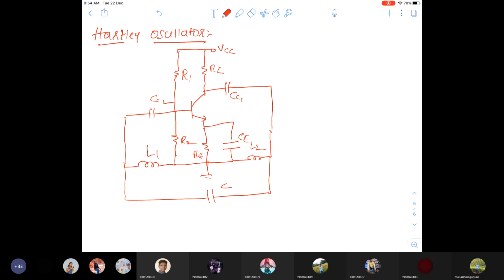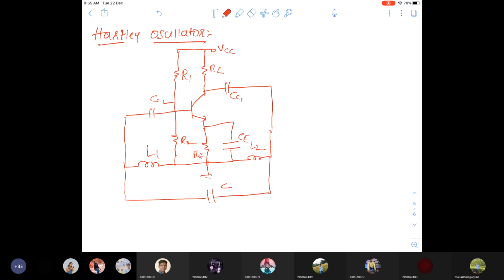In this circuit, R1, R2, RC, RE provide the voltage divider bias network, the coupling capacitors are used to block the DC, and the bypass capacitor is used to avoid the voltage drop across RE. This is what we generally know about the CE amplifier. The remaining portion, the two inductors and one capacitor in the circuit, participate in generating the operating frequency.